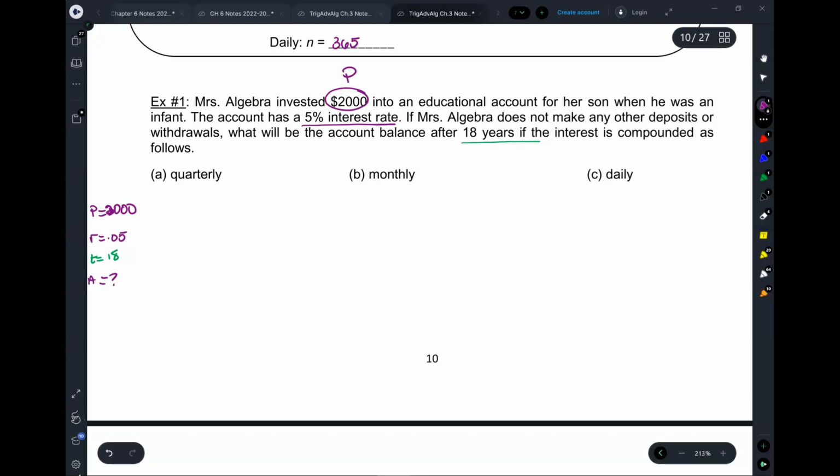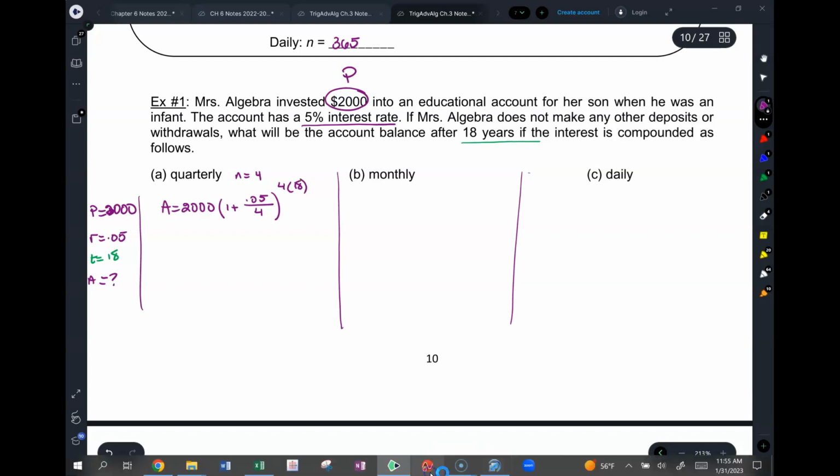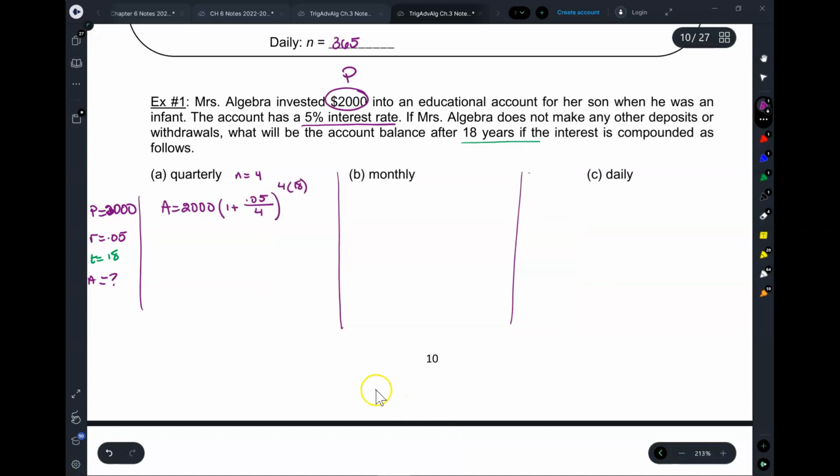Okay, and here, if it's compounded as follows, so in part A, it's compounded quarterly, so N is equal to 4. All right, so let's go ahead and plug that in here. So A is P, 1 plus R over N is 4, to the power of 4 times 18. So let's go ahead and plug that into the calculator.